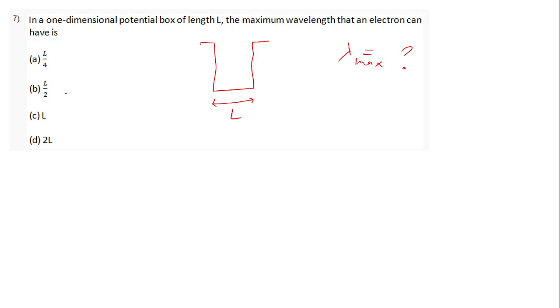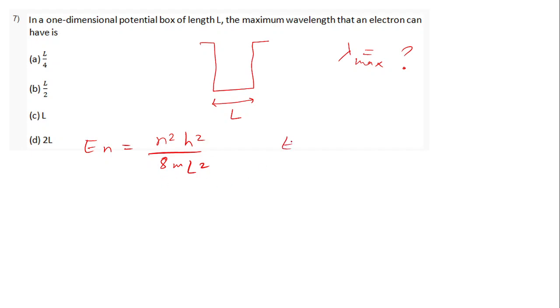So for this we need to take help of some relations. We know the energy of an electron in a potential box, depending on which n we are talking about, is given by n square h square divided by 8 m L square, where L is the length of this potential box.